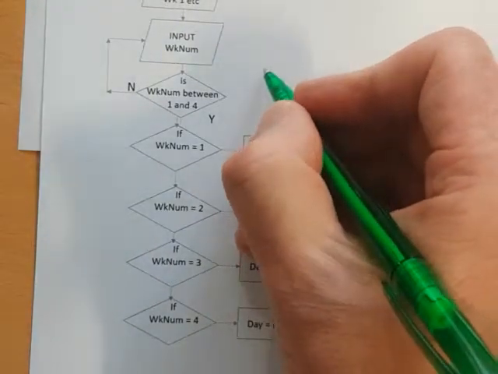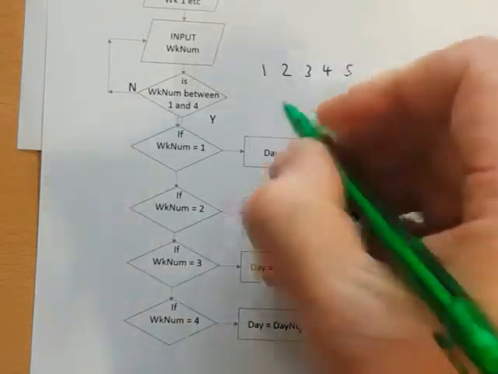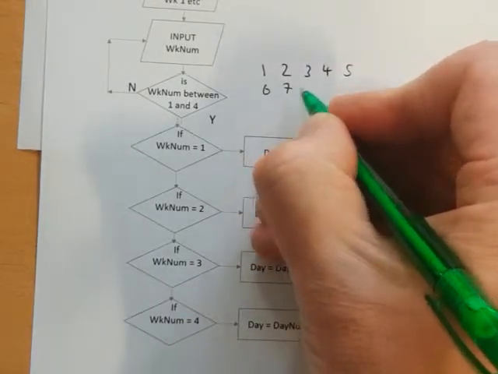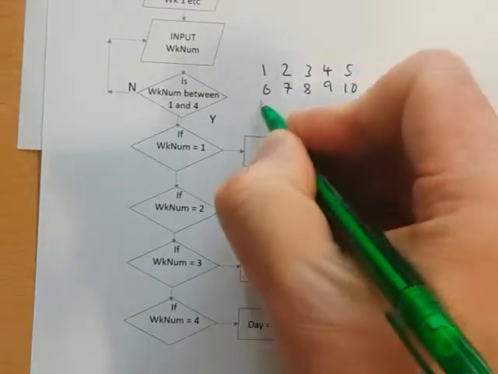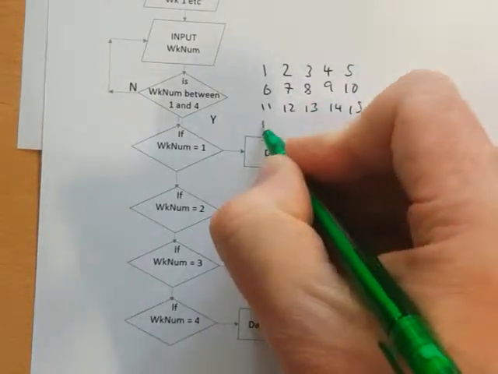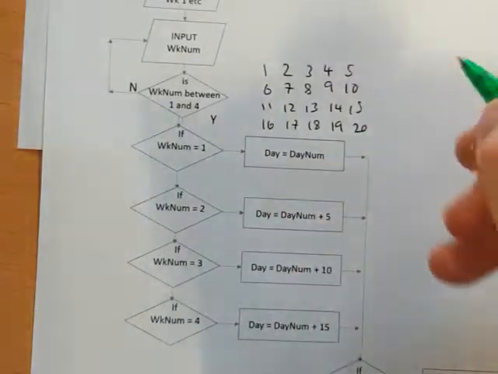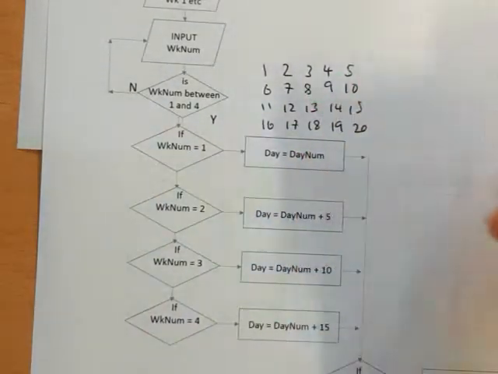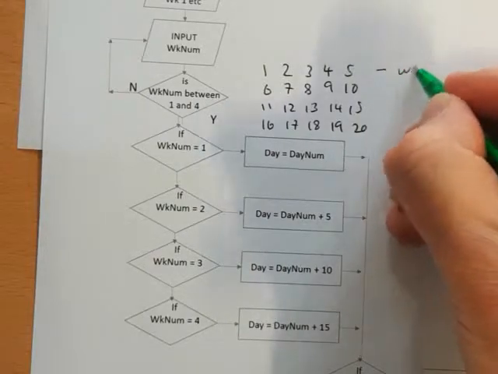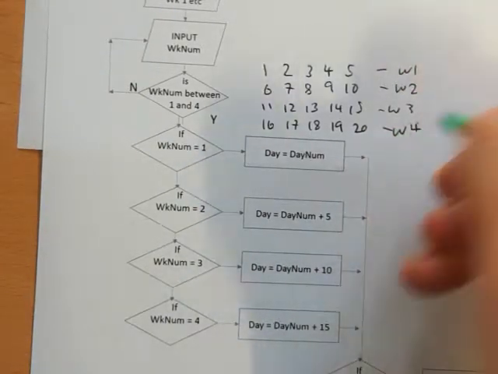So if we look at it like this: 1, 2, 3, 4, 5, 6, 7, 8, 9, 10, 11, 12, 13, 14, 15, 16, 17, 18, 19, 20. So here's our weeks. So that's week 1, week 2, week 3, and that's week 4.